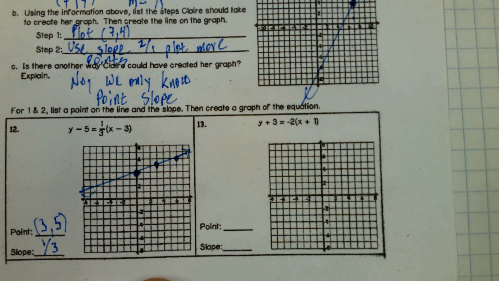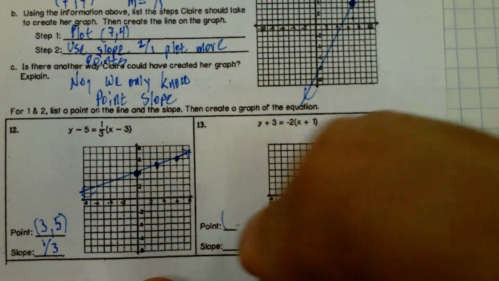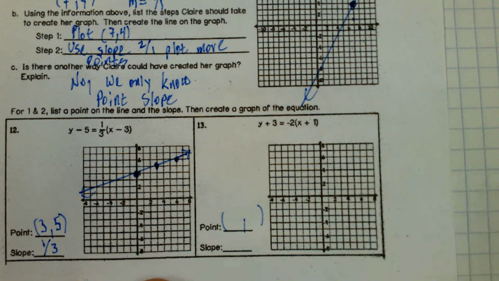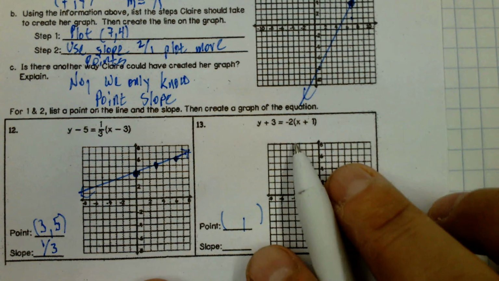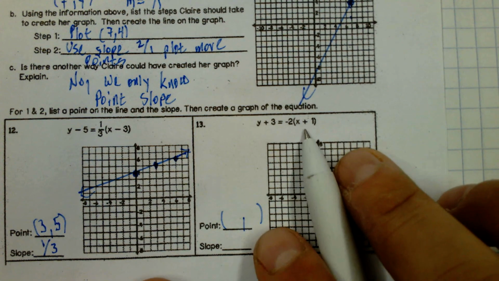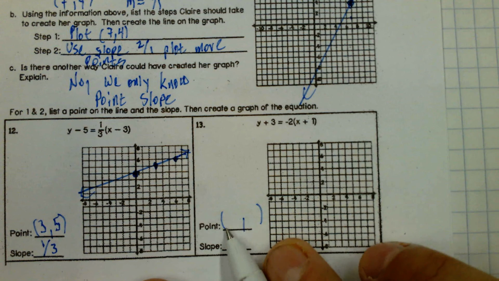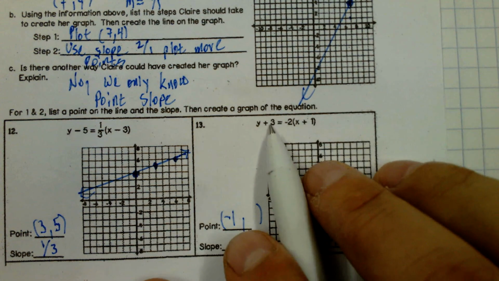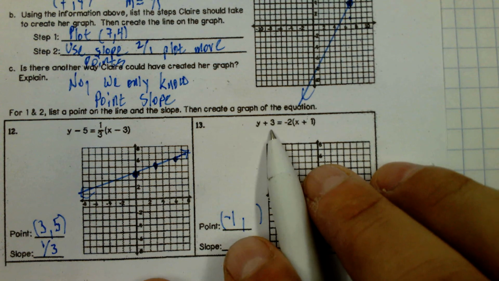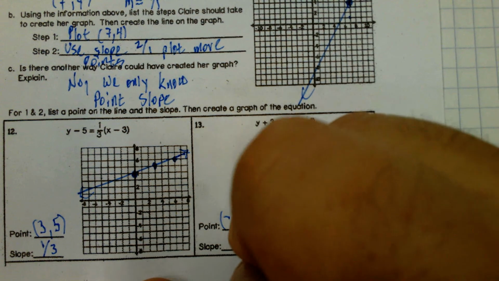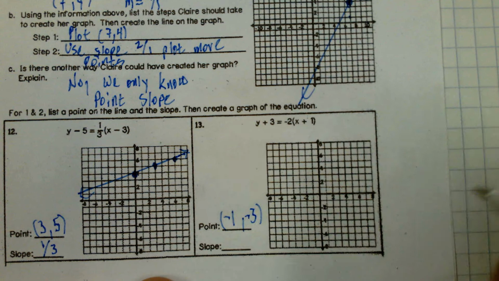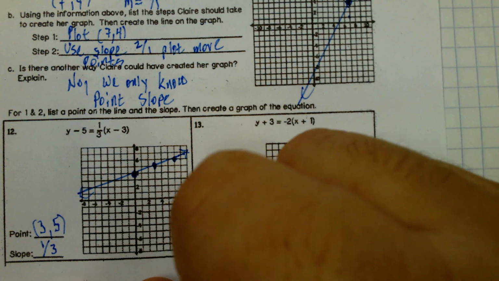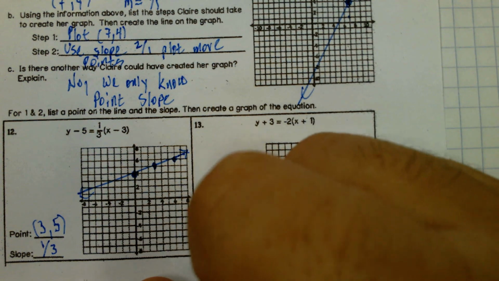All right. Last one. Let's figure out the point that goes here. I got plus 1. So what number should I put here for x? Negative 1. Same thing, since I have plus 3, this is going to be negative 3. And my slope is negative 2 over 1.